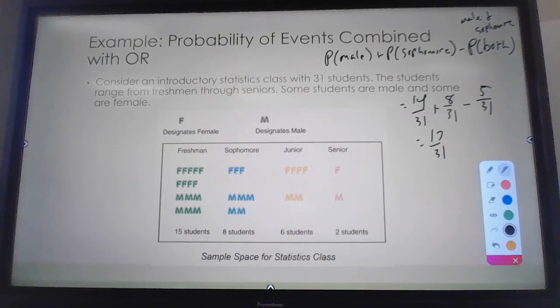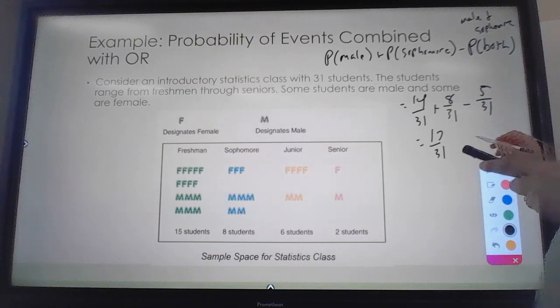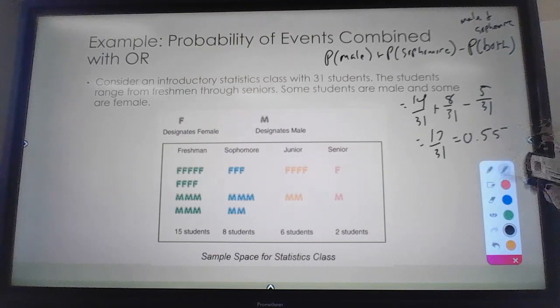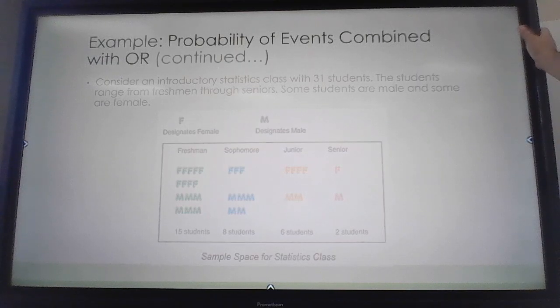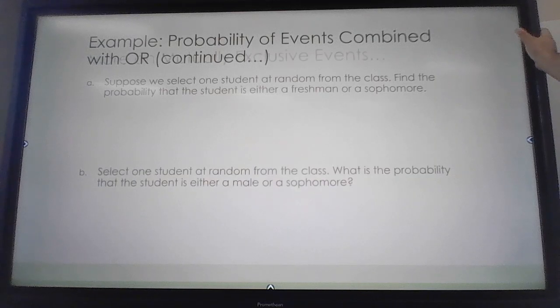That's 17 out of 31, which is 0.55. So again, to determine whether events are mutually exclusive, you have to ask yourself, can these two things happen in the same space? If they can, they are not mutually exclusive.